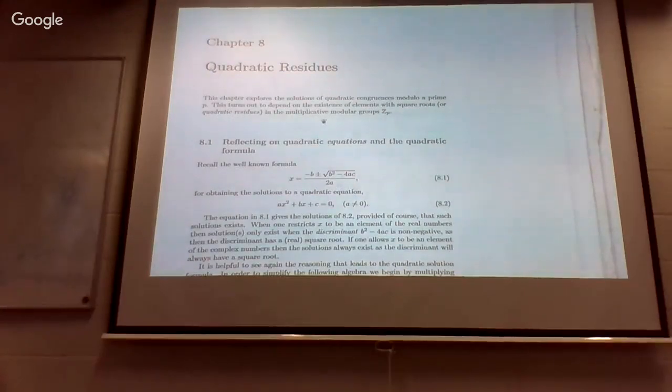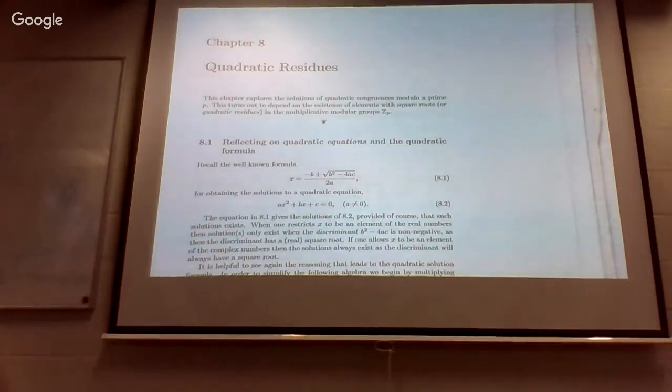And we've seen that sometimes they have solutions, sometimes they don't. We've got a theorem, Lagrange's theorem from chapter 6, or chapter 7, which gave us an upper bound on the number of solutions that a polynomial congruence modulo a prime could have. The degree of the polynomial was the upper bound. But these things can still fail to have solutions.